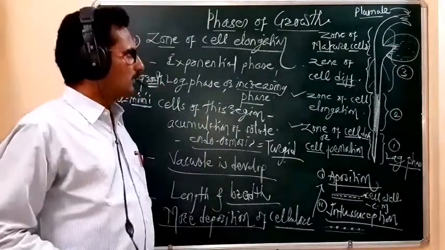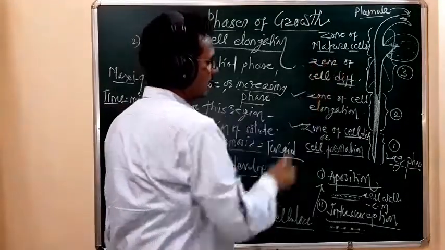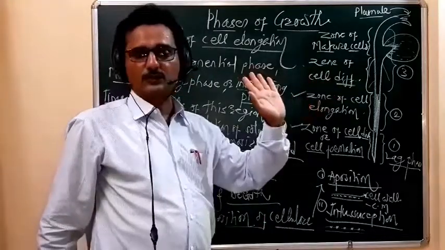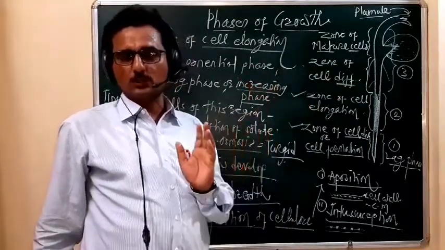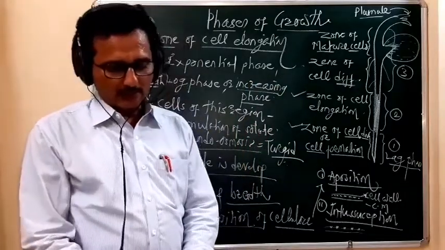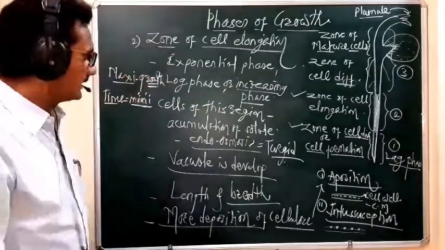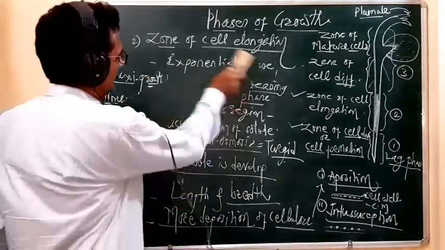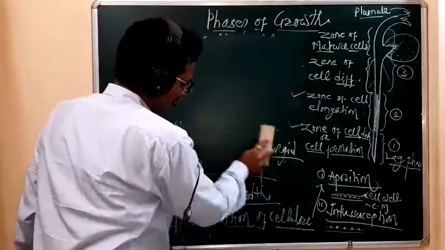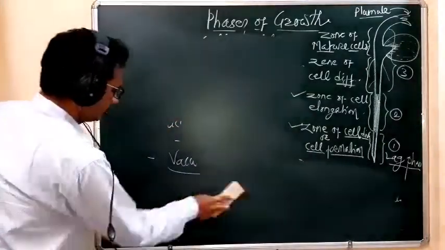Then the third phase of growth is called the zone of maturation. In that we observe a zone of cell differentiation first, and finally a zone of cell maturation. Remember this. Now, the third phase of growth. What is that third phase?